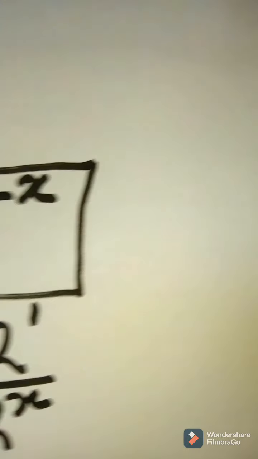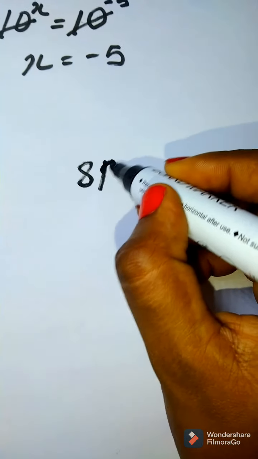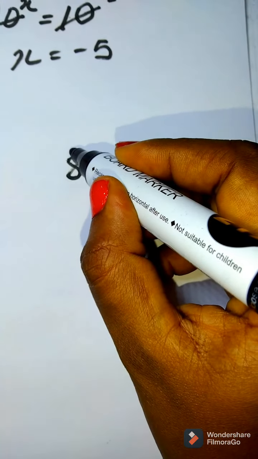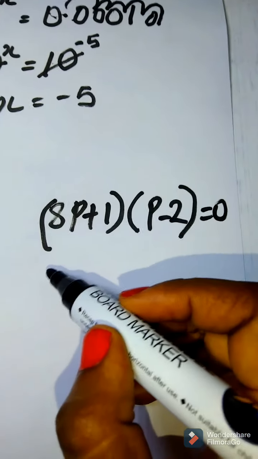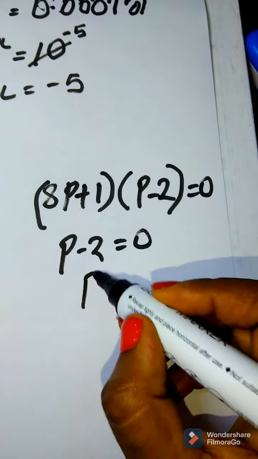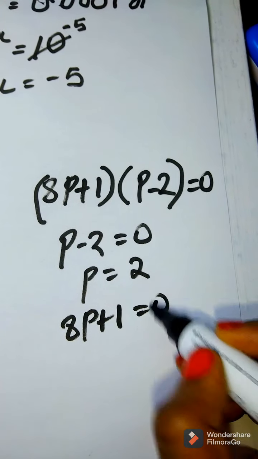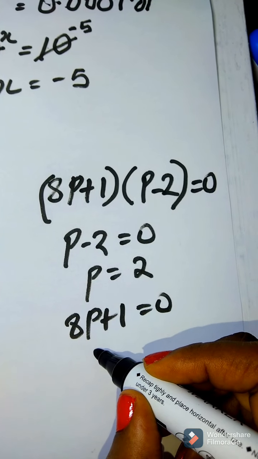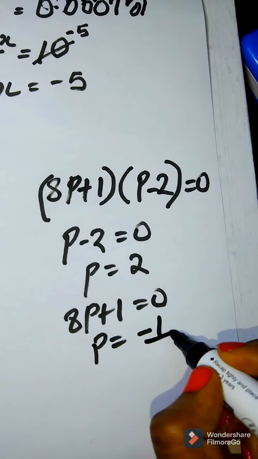That will give us 8p plus 1, factor 1, and p minus 2 equal to 0, our second factor. So if we say p minus 2 equal to 0, that means p is equal to 2. And if we say 8p plus 1 equal to 0, that means p will be equal to minus 1 all over 8.